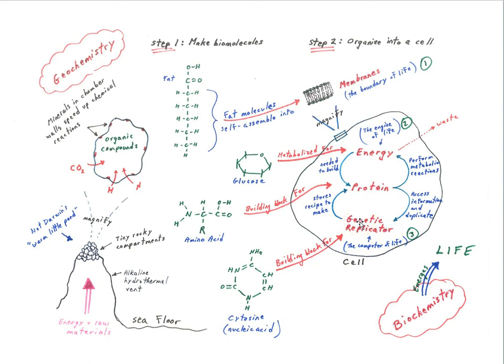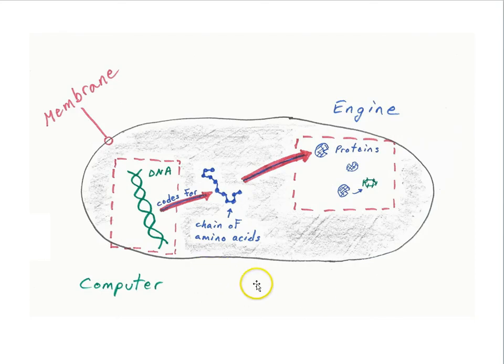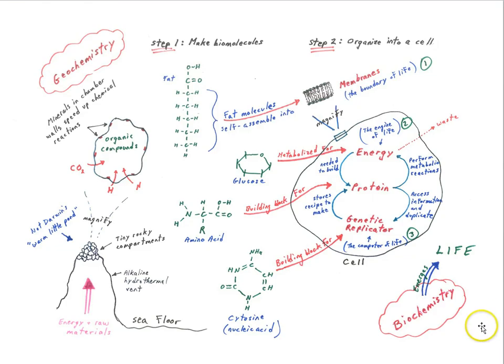And finally, let me show you that picture in 1 second. Yeah, this was the drawing in the previous lesson where we have the three sort of functional components of a cell. A membrane boundary, the metabolic engine doing chemistry to get energy from food and energy to build stuff, and then the computer, DNA serving as the computer. And one last thing to note about this diagram.